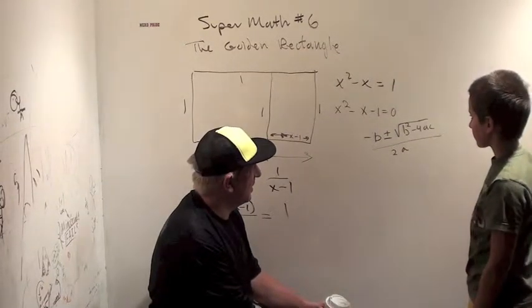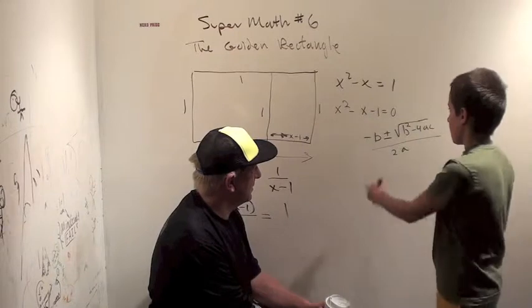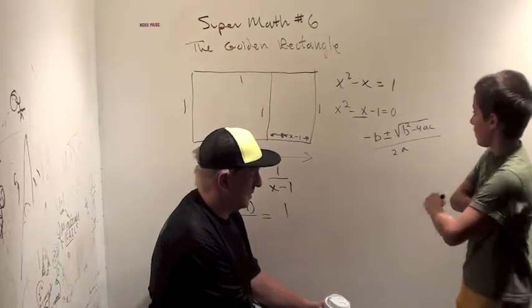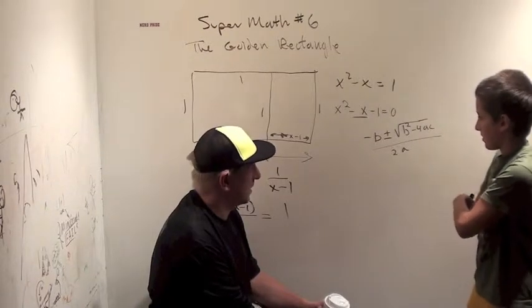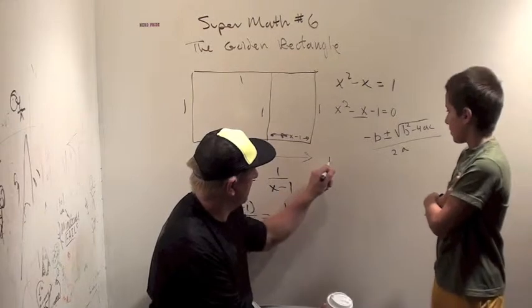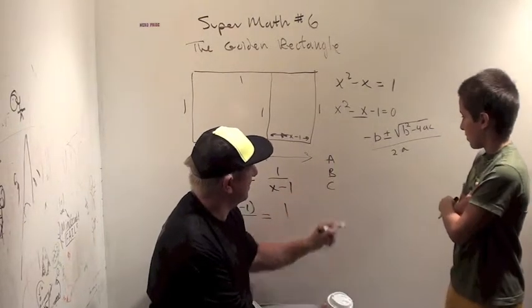So, what's our b? In fact, let's write them all down. What's a, what's b, what's c?